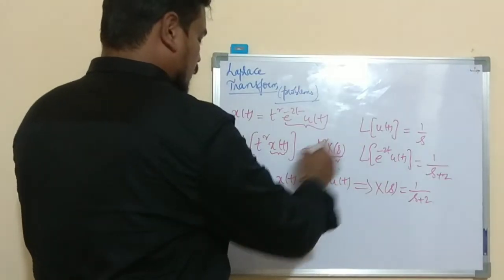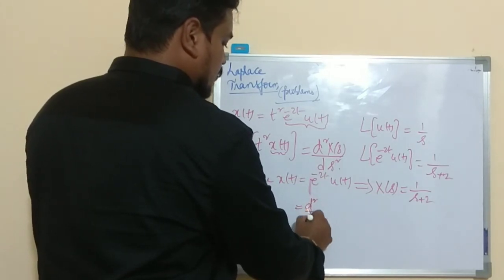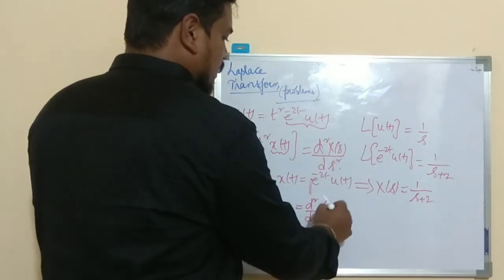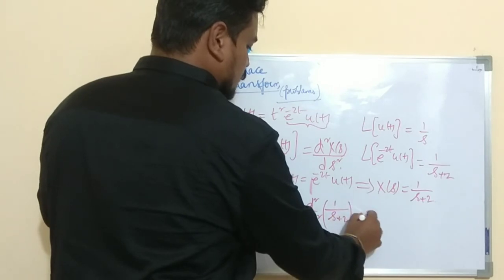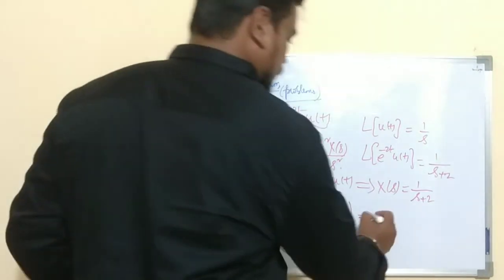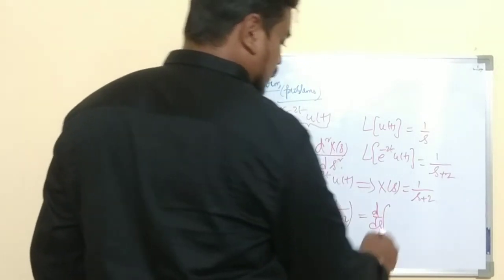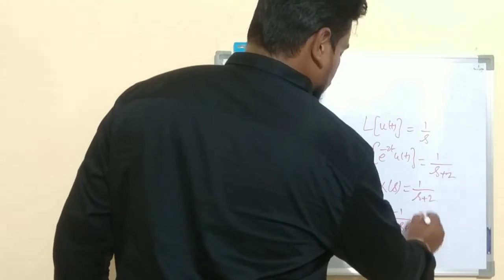Then the answer becomes d square by ds square of X(s). What is X(s)? X(s) is equal to 1 by s plus 2. So first time if you differentiate, what happens? d by ds of 1 by x, the differentiation of 1 by x is minus 1 by x square, isn't it?